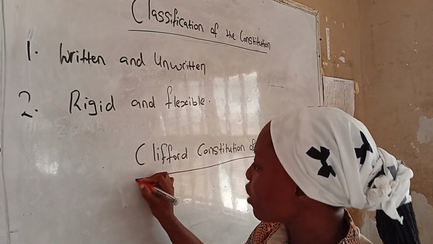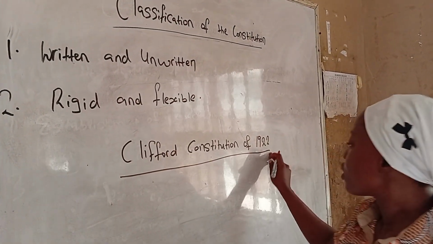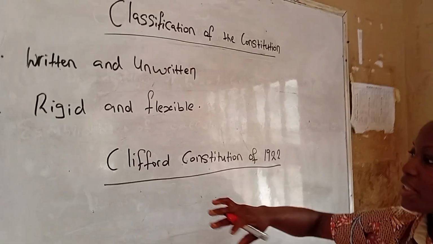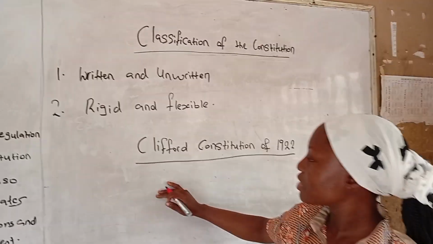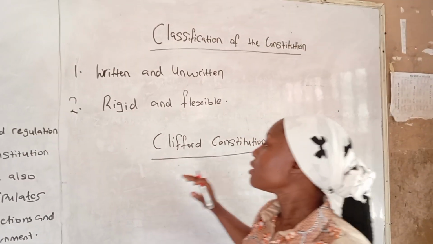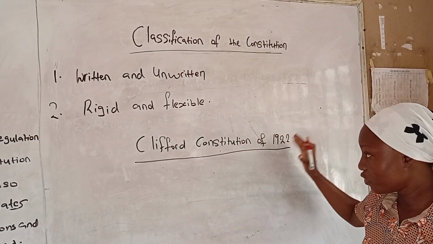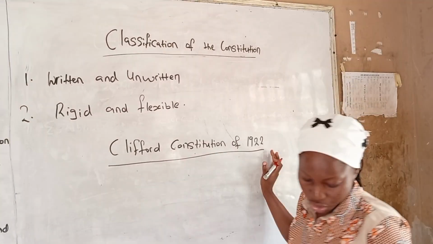This constitution was adopted in the year 1922. We are going to be looking at its features, its merits and demerits, that is, the characteristics, advantages, and disadvantages of this Clifford Constitution.